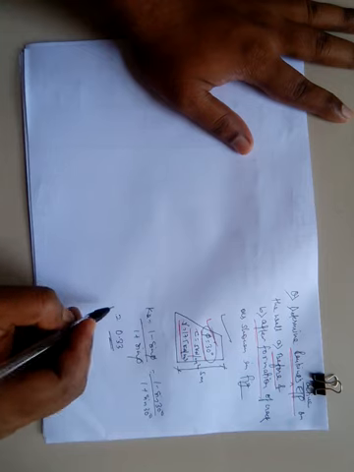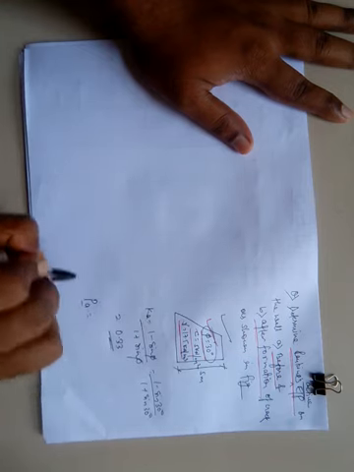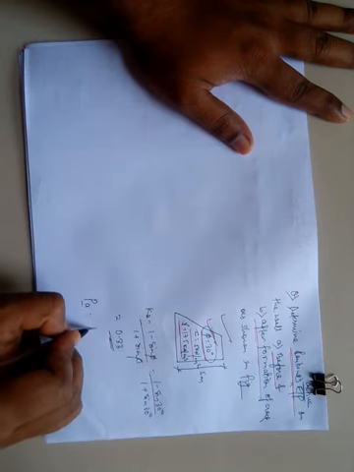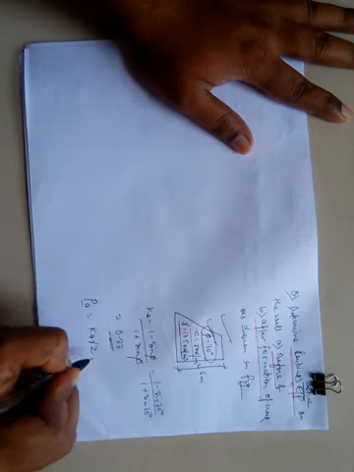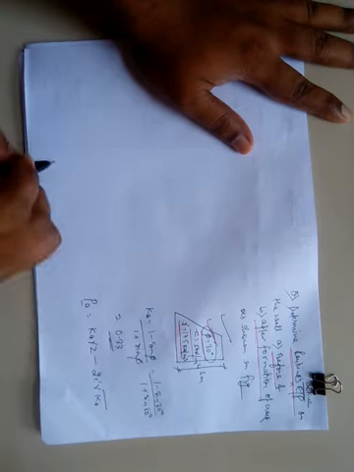Okay, and we have Pa, active earth pressure, is equal to Ka gamma z minus 2c dash root Ka.